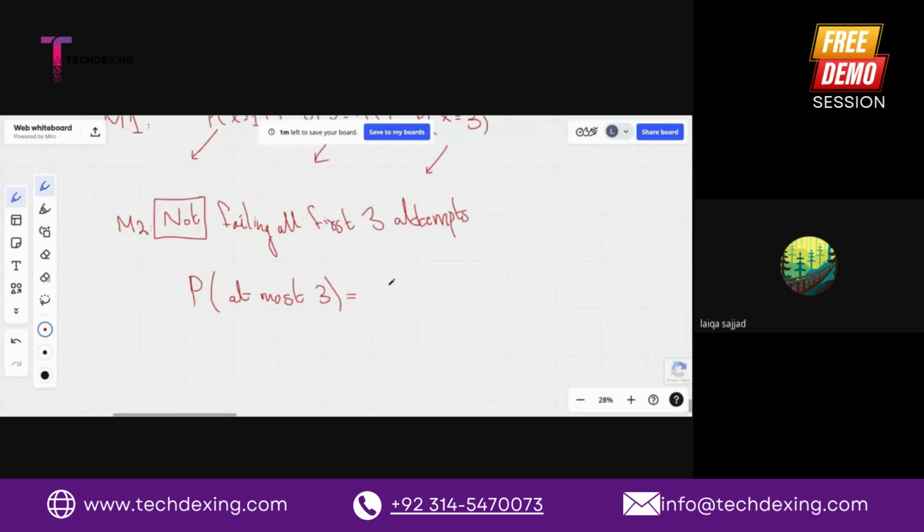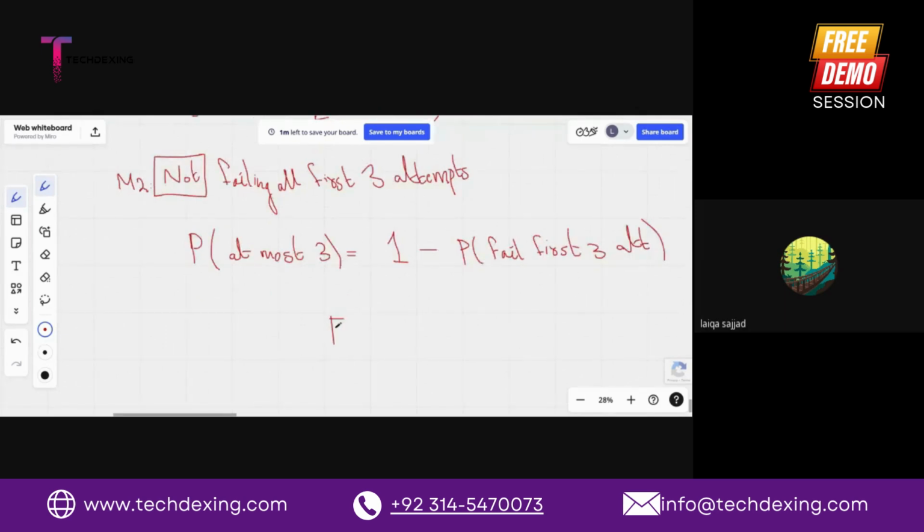So we can do 1 minus the probability that she fails in all the first three attempts. Failing the first three attempts means that she got a failure, failure, and failure.